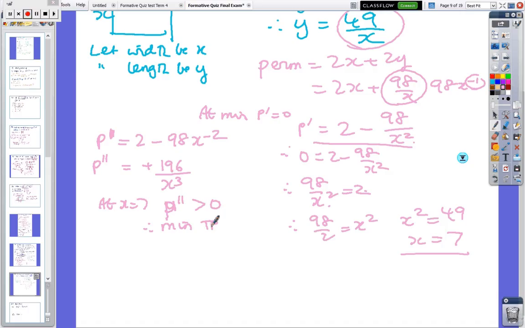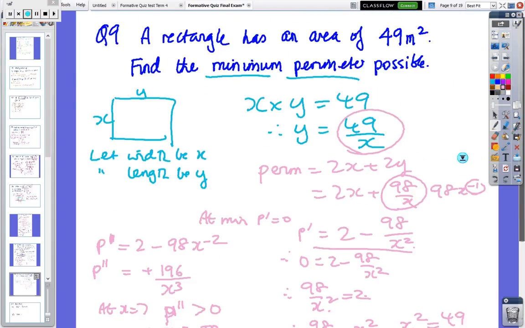Let's see if we've got the question answered though. A rectangle has an area, find the minimum perimeter. So we've got to find the perimeter.